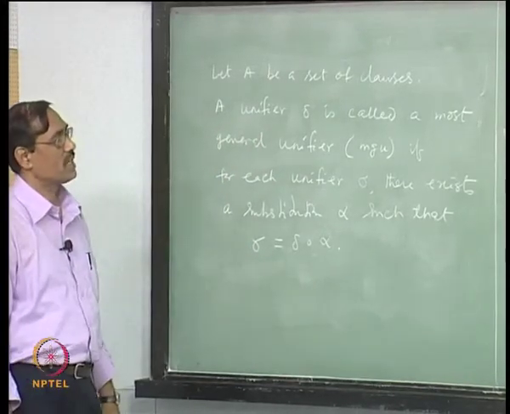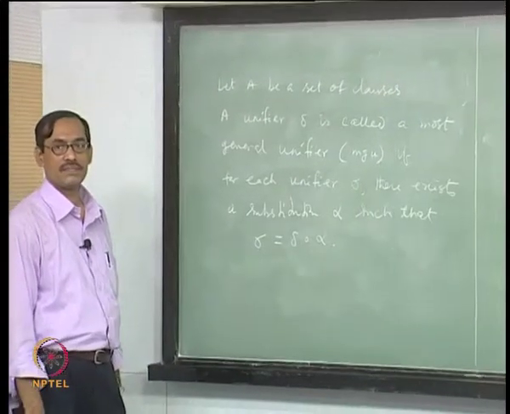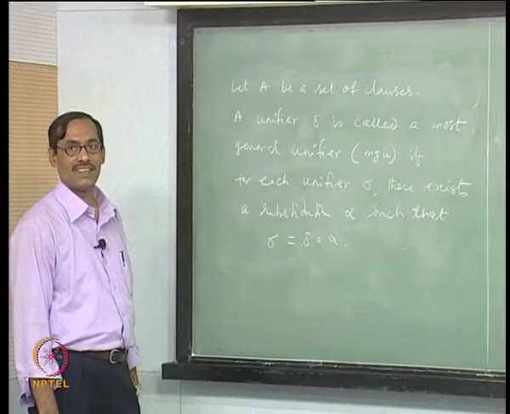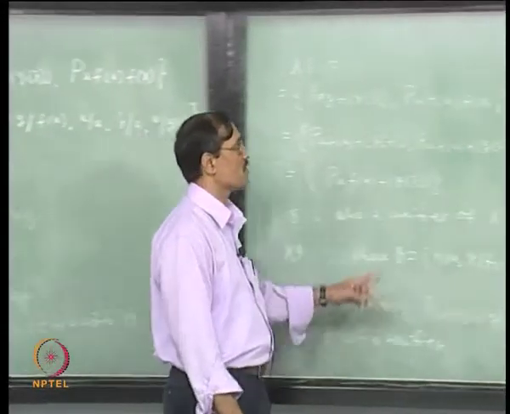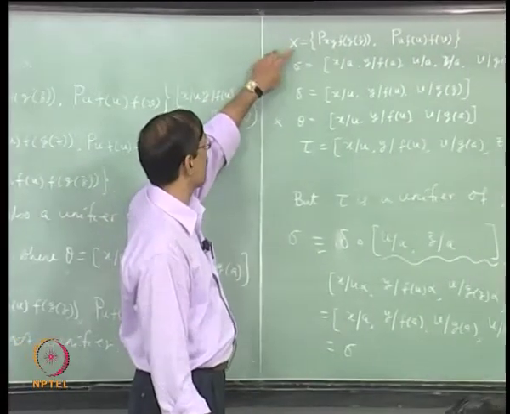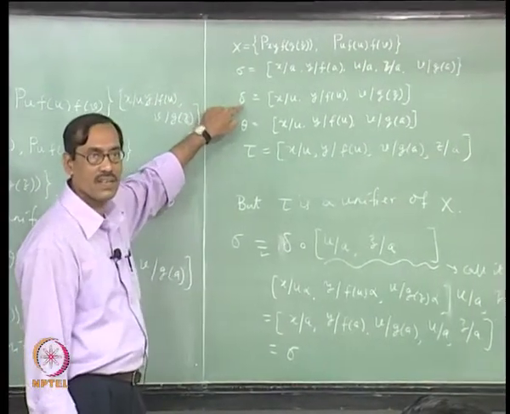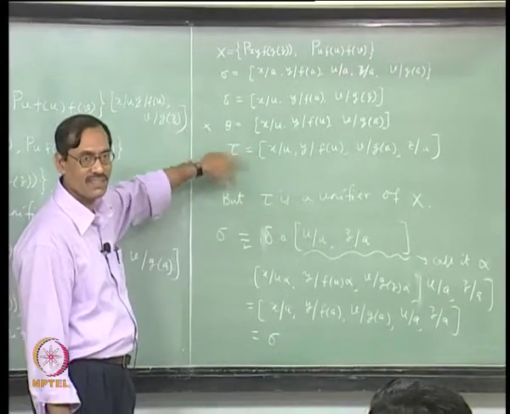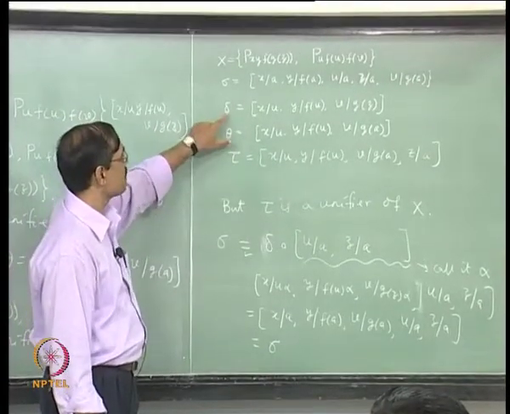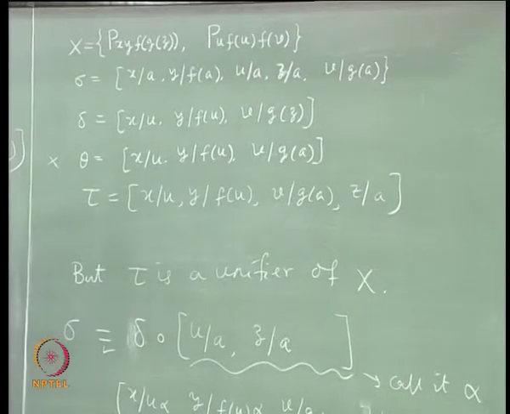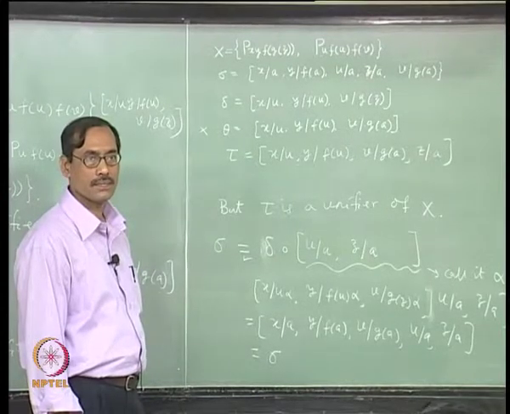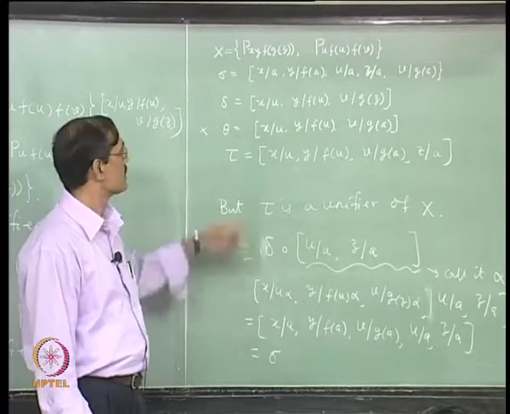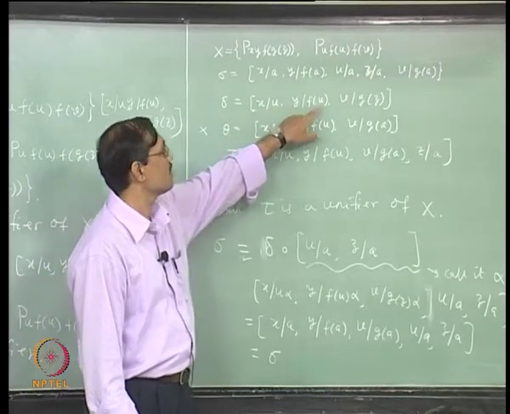But then most general unifiers are also not unique. Okay. Can you see that? Why they are not unique? For example, come to this x, this was your x, delta was a most general unifier, as we have seen here, we have not proved yet, right. So, now what happens? Can we choose another most general unifier? You have x by u, y by f of u, right.